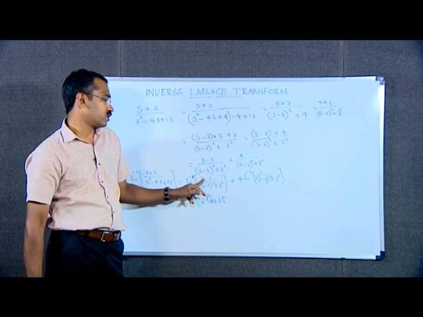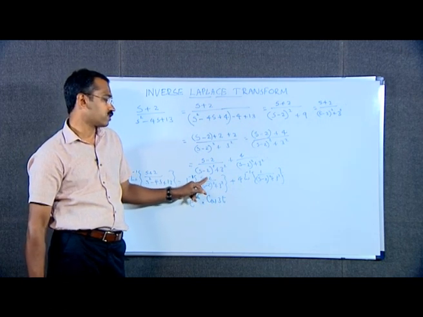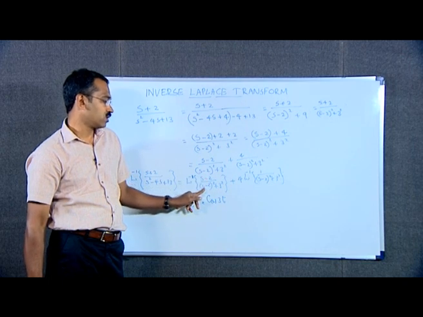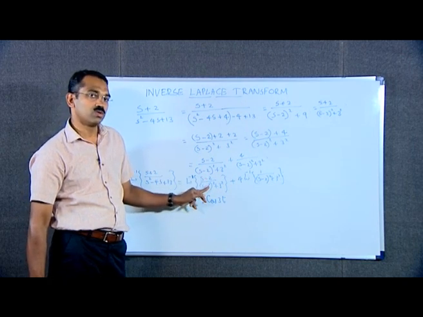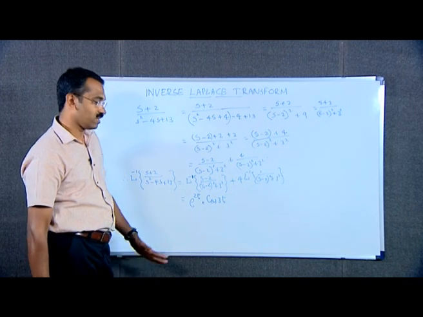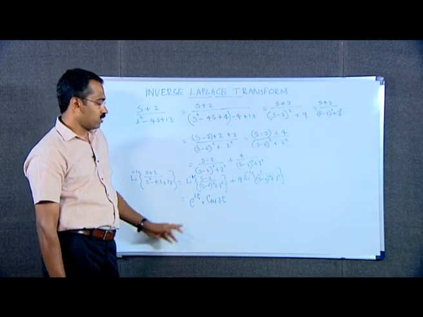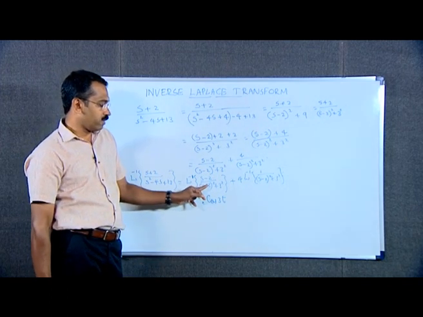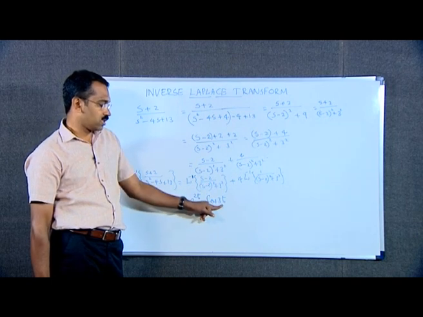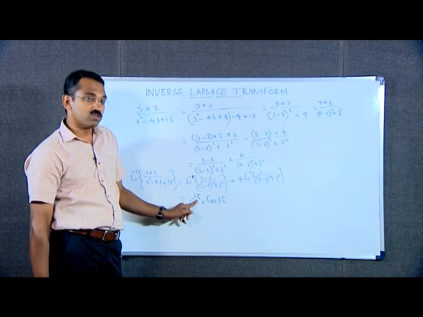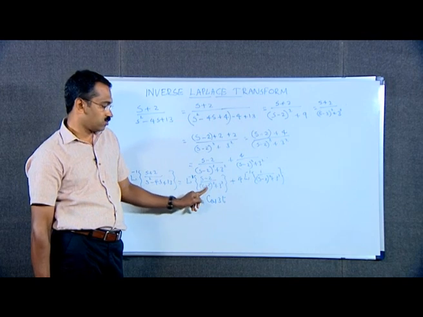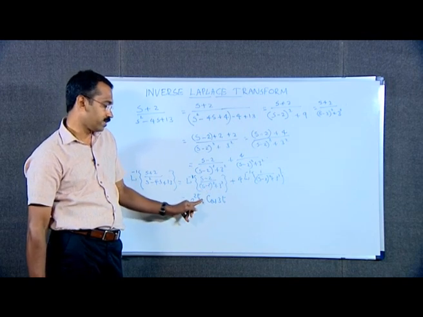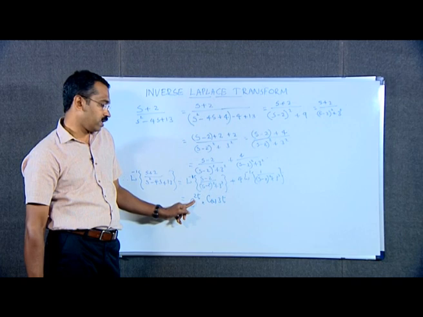Here instead of s, the terms are s minus 2 in the numerator, and in the denominator also it is s minus 2 instead of s. Therefore, we have to multiply cos 3t with e raised to 2t, because here s minus 2, therefore we multiply by e raised to 2t.